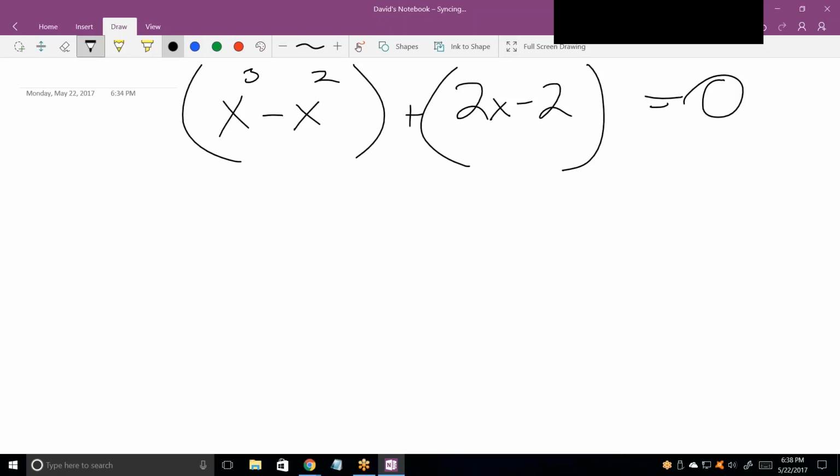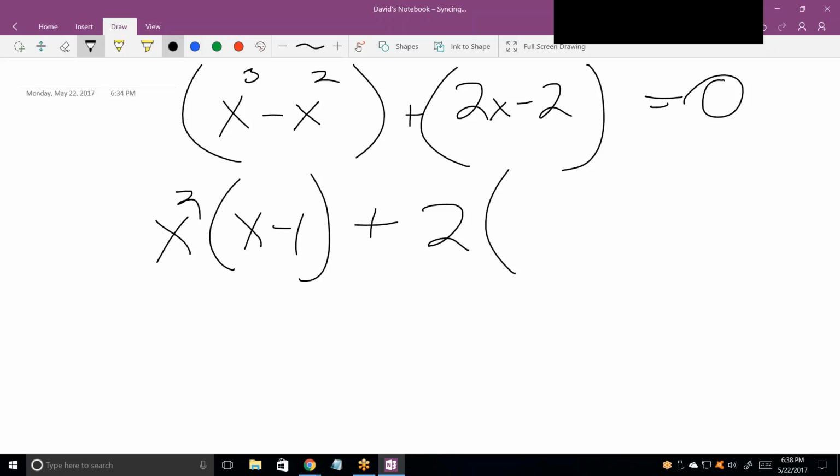Once you've grouped it by putting parentheses around it, now you can factor out the greatest common factor. On the left, what do you get? x squared times x minus 1. And if you've done it properly, do the same thing on the right. It's 2 times x minus 1. As long as that is the same as that, you've done it correctly.